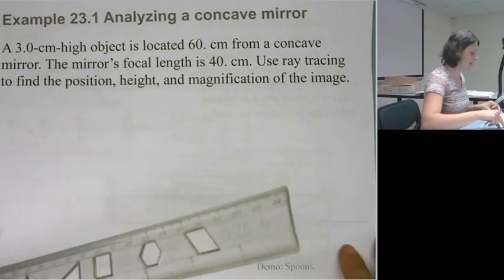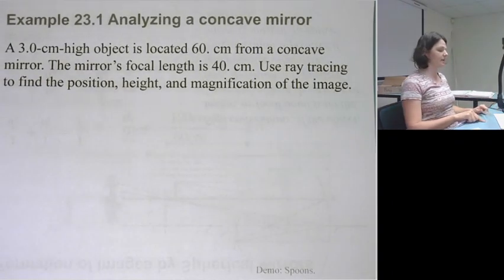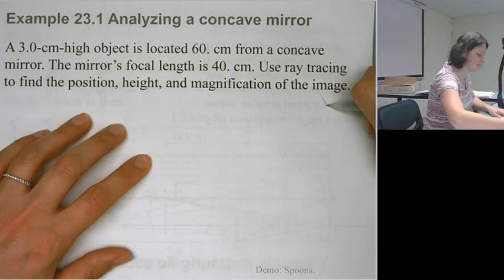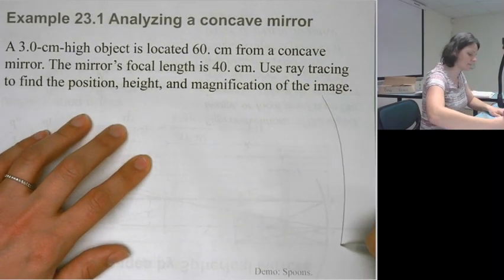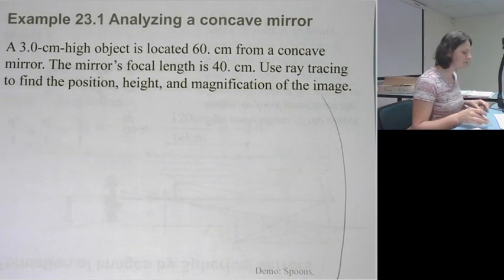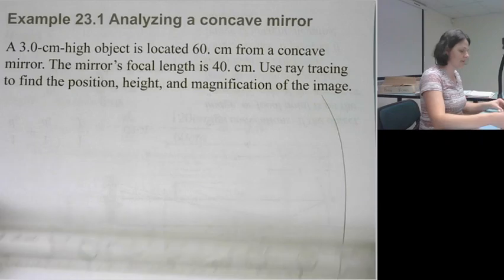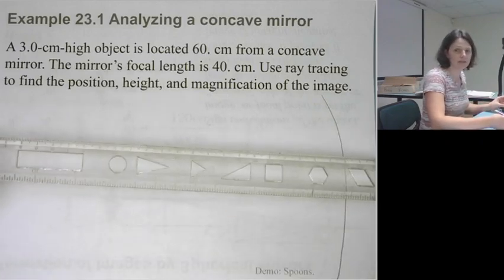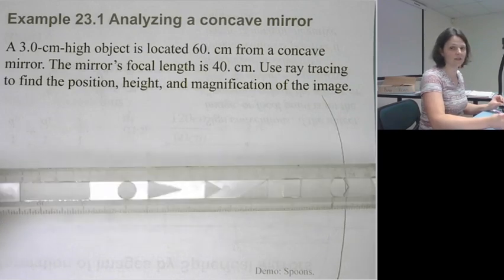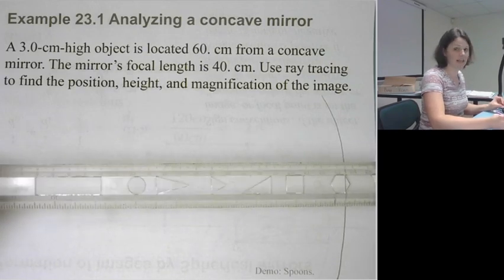Okay, so I want to draw a concave mirror. So this is the kind of mirror that caves in on itself, like that. And it says that the mirror's focal point is 40 centimeters. This meter stick is 30 centimeters long, so I can't draw exactly what this looks like to scale.